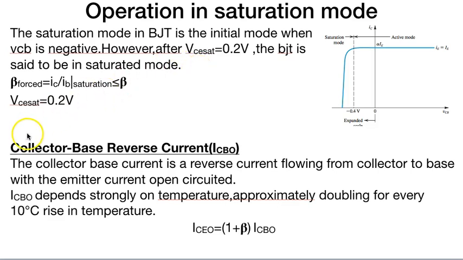The collector base reverse current is the current flowing through the collector base region in the reverse direction when the emitter is open circuit. ICBO doubles for every 10 degree rise in temperature, and ICEO is 1 plus beta times ICBO. Then ICEO is greater than ICBO.